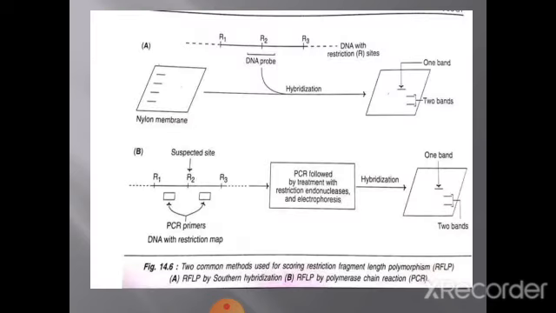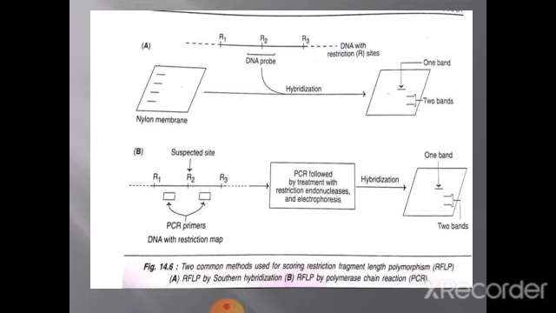Let us see the slide now. You concentrate on figure A, okay. So the common methods used for RFLP analysis, this method A is by Southern hybridization. You can see here a DNA piece containing three restriction sites, R1, R2, R3, right? DNA with restriction sites. Now for this, what you will add? Restriction endonuclease, and then you can see at the place of R2 you have put a probe, right? DNA probe, right?